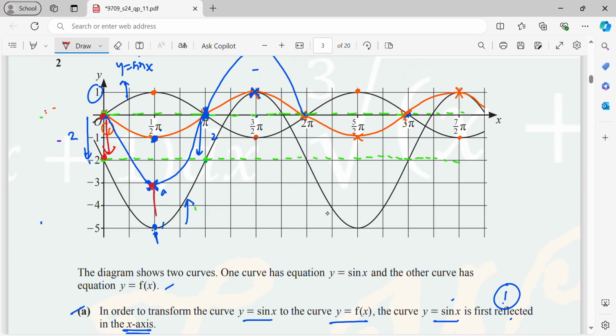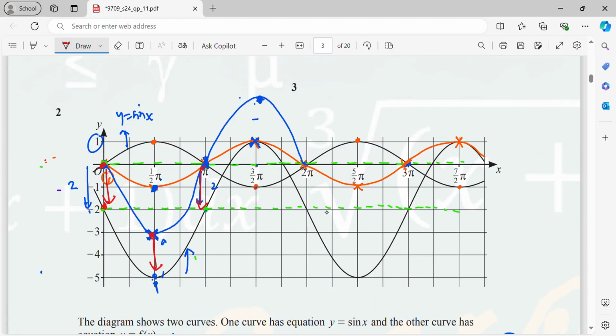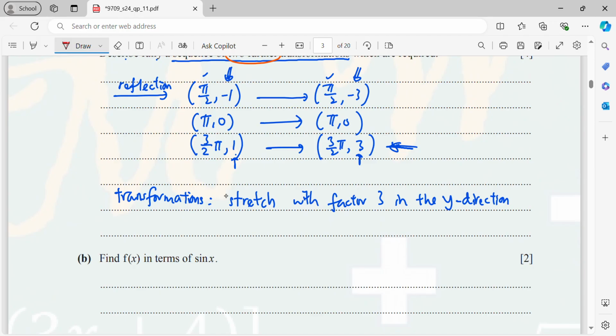From this point, move down 2 units. Here also move down 2 units. So everything moves down 2 units for the whole graph. That means this is my second transformation, that is the translation. Because we are moving the graph down 2 units, therefore you will just write followed by translation.